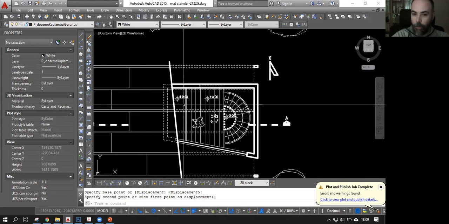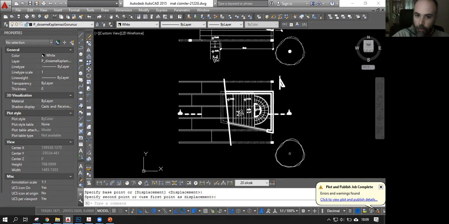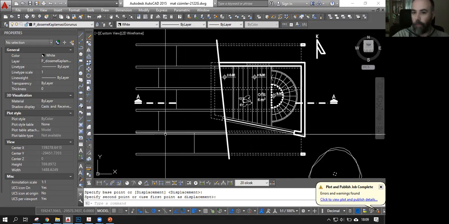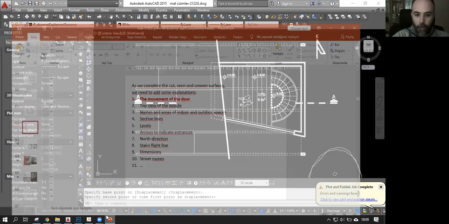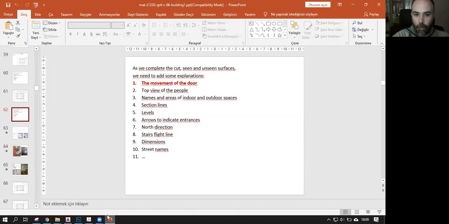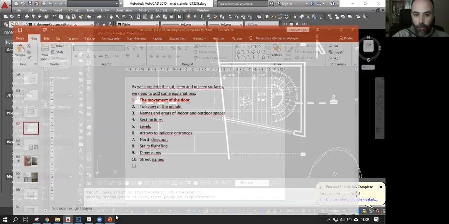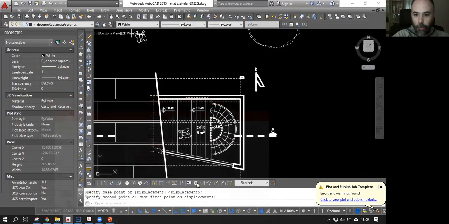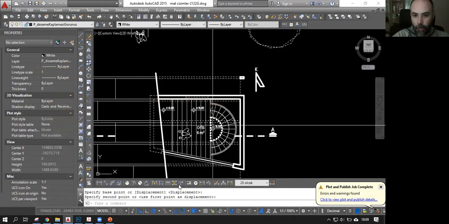As you know, we just put the level sign on horizontal surfaces. Since these are the inclined surface of the roof, we don't place a level mark there. We don't have any entrance, so we skip the 6th one on the list. We have our north direction here. We draw this flight line.